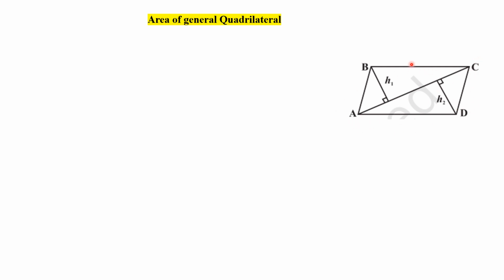To find the area of the quadrilateral, you have to find the area of triangle ABC and the area of triangle ADC and then add them. So you will get the area of the quadrilateral ABCD. Area of quadrilateral ABCD is area of triangle ABC plus area of triangle ADC.